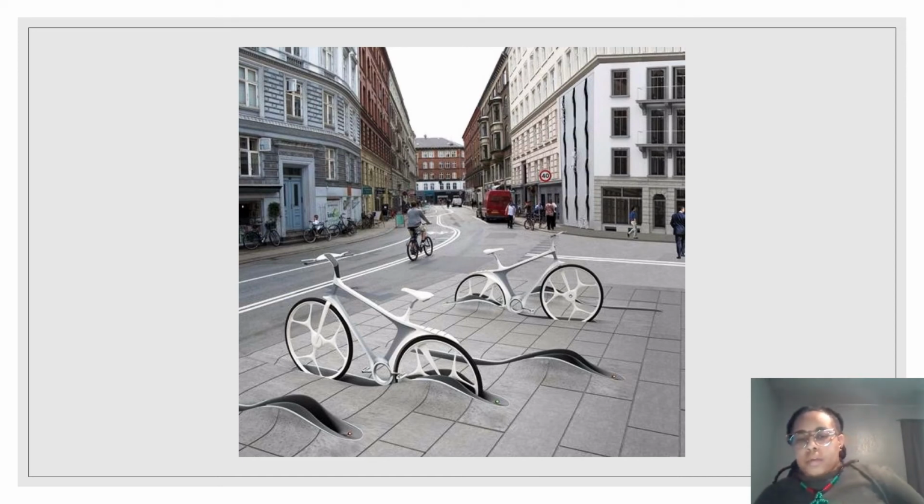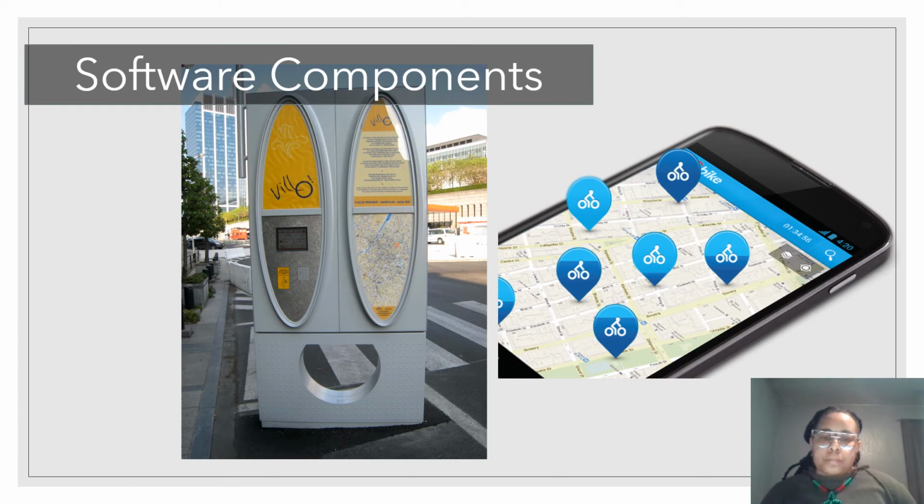So, for example, if this was on a college campus, these would be just located randomly on the college campus. Again, you would be able to use your phone to find out which docking stations had bikes that were available. And again, the software would come on the phone and also at the kiosk.